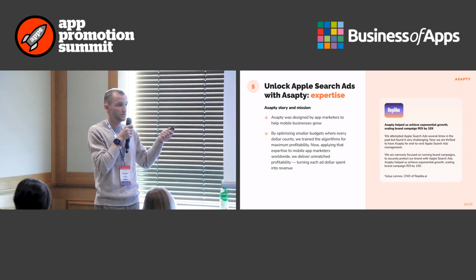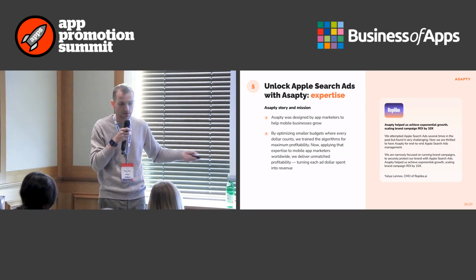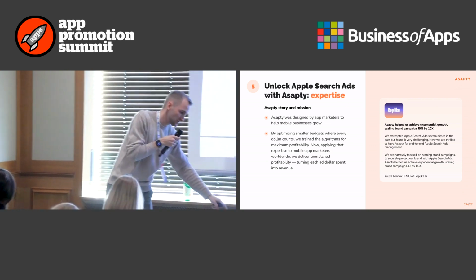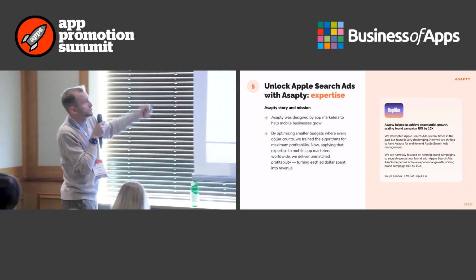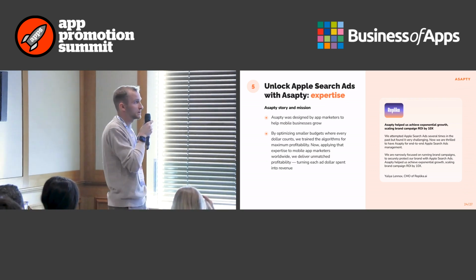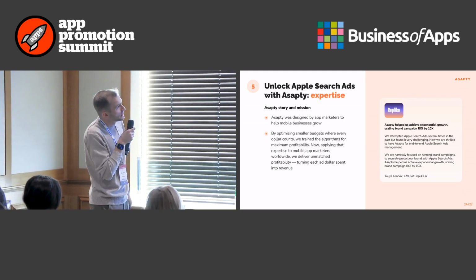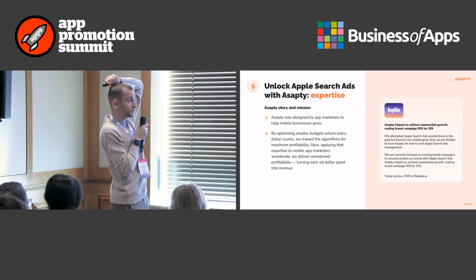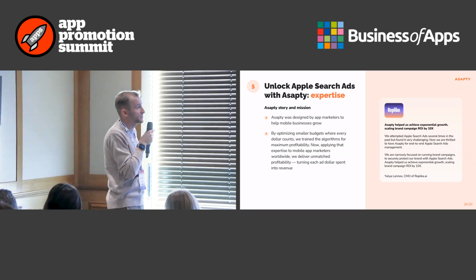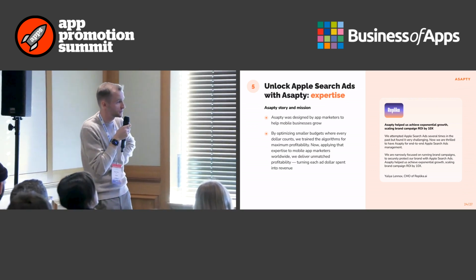We can do it both for small indie apps that released their app yesterday, as I mentioned before, and also for companies like Replika. That's the review that Replika gave us, and it was really great to hear.